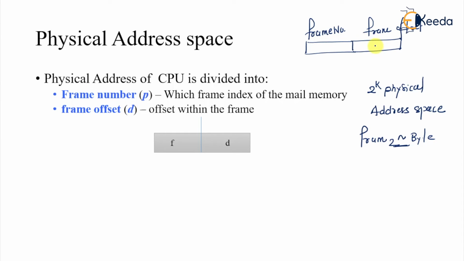The offset is n bits, and out of the total k we are left with k minus n. So the offset is within the frame, and the other part is the index of the frame.